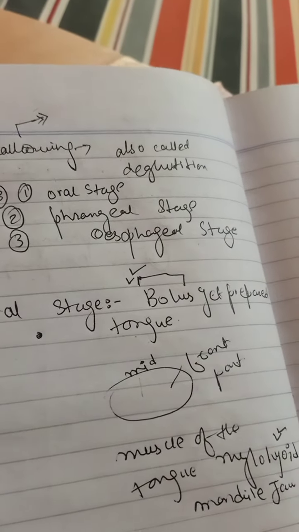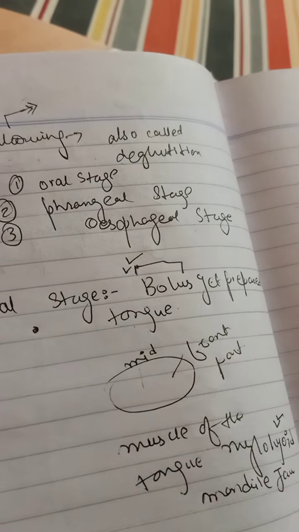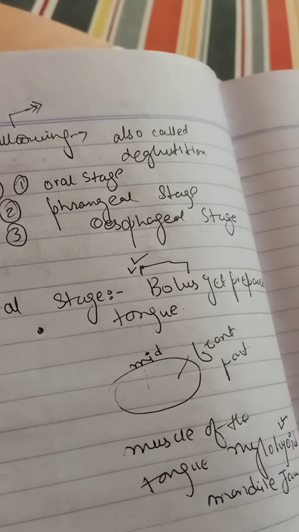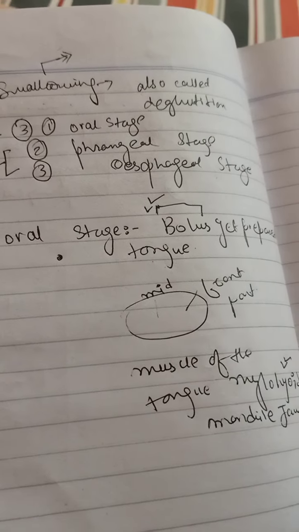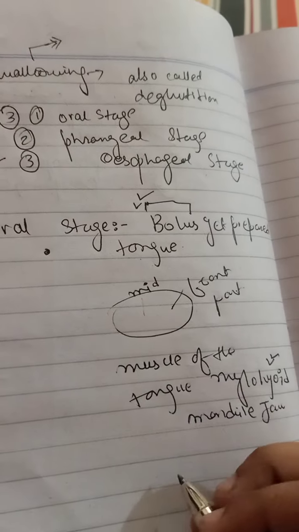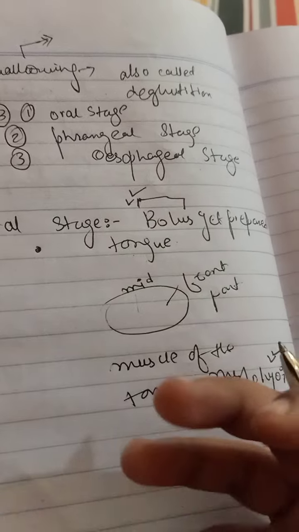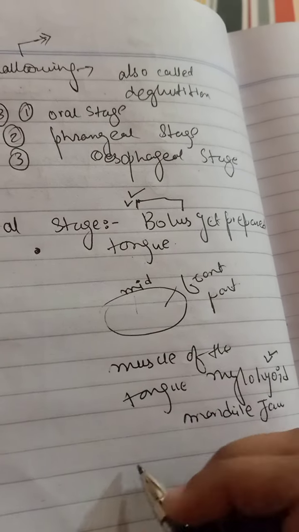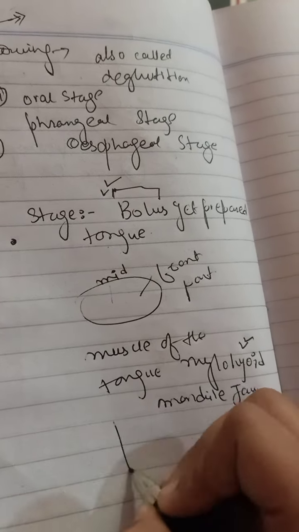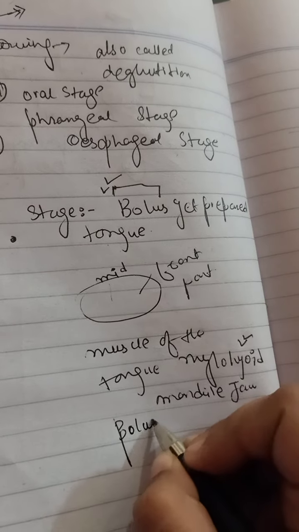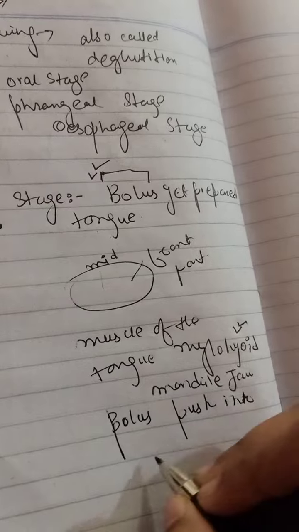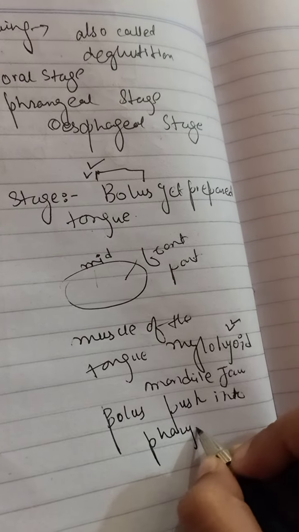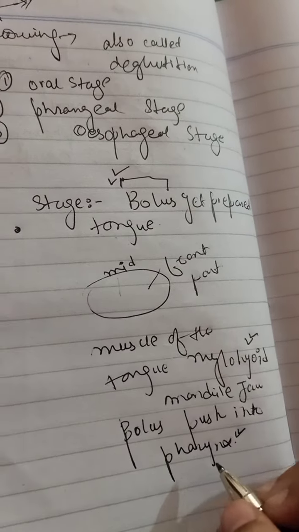These muscles contract and relax. As these muscles fold or contract, the bolus is pushed into the pharynx. The bolus will be moving into the pharynx.